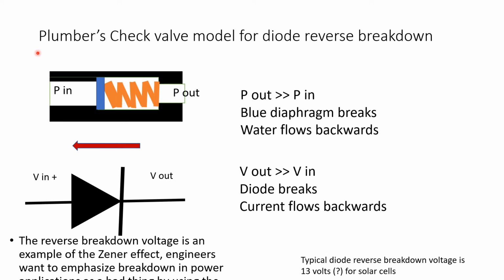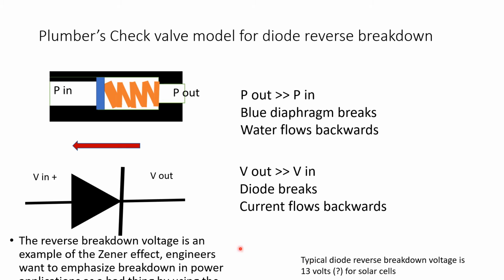Well, this is also true of diodes, silicon diodes. The reverse voltage is an example of the Zener effect, but engineers want to emphasize the breakdown in the power applications. Okay, if the voltage here gets large enough, we can break down the diode, and it is truly broken. And we can have reverse current flow.